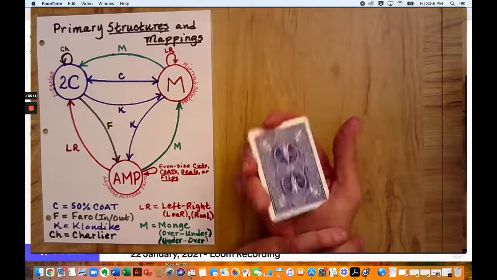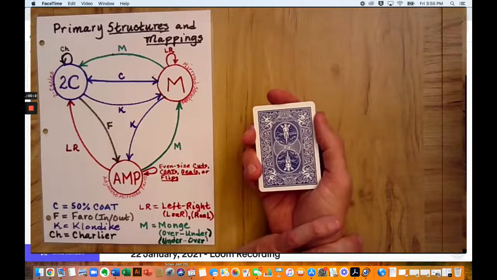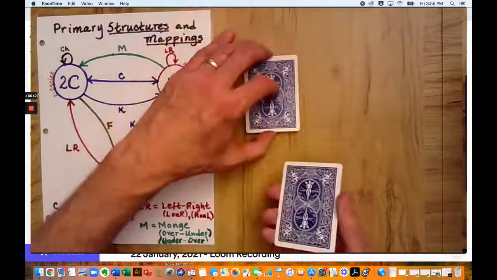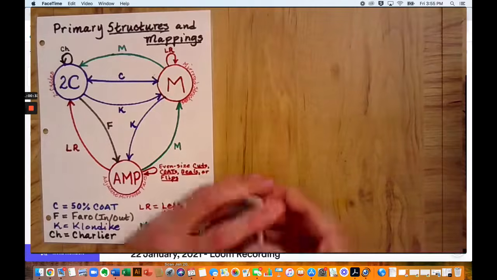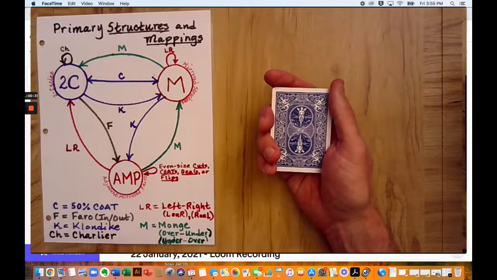But I do know that a Charlier shuffle is equivalent to an ordinary cutting of the cards. Cutting of the cards is where you just take a certain number, you don't rearrange anything, take a certain number, put those down, and then the rest on top. That's a cut. Believe it or not, the Charlier shuffle is equivalent to one of those.